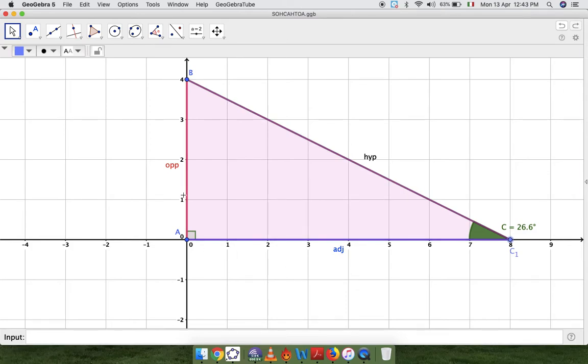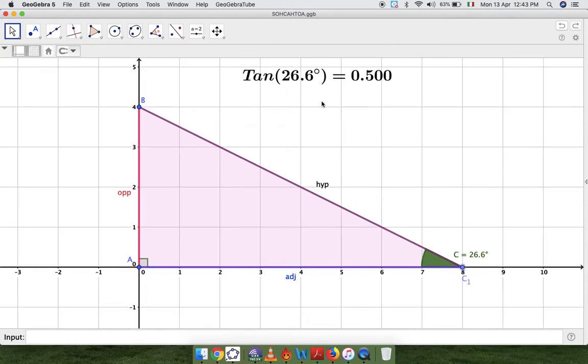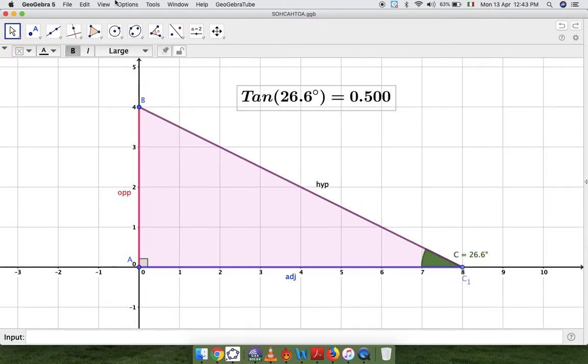So when I look at my fraction, opposite divided by adjacent, this opposite side is shorter than the adjacent. So the numerator is smaller than the denominator, so it should be below 1 when we have a fraction, and there it is. So it's about 1/2.